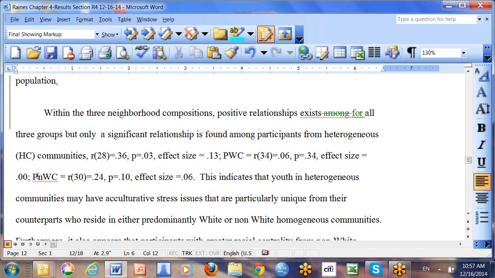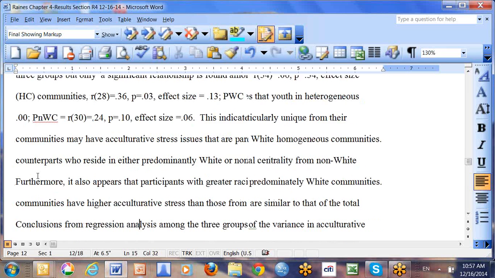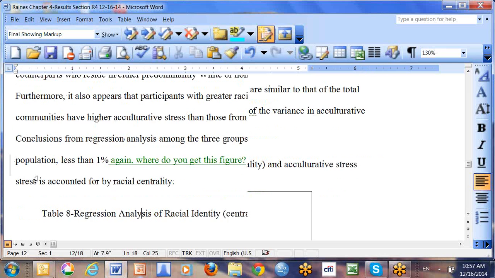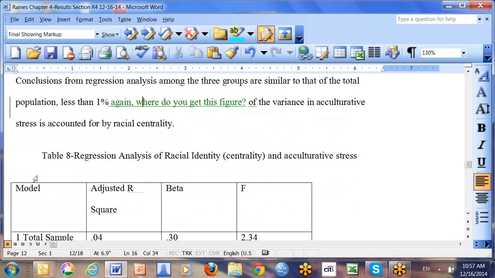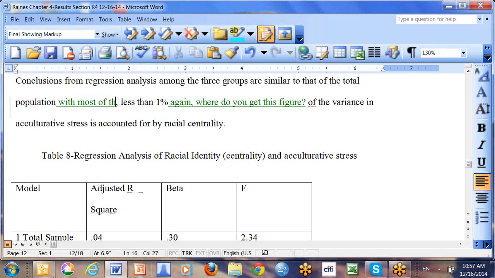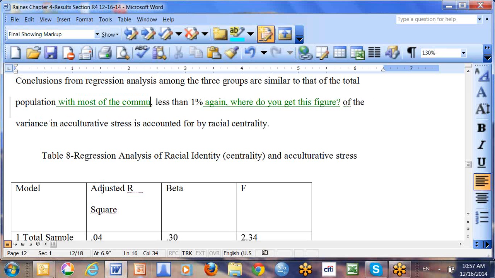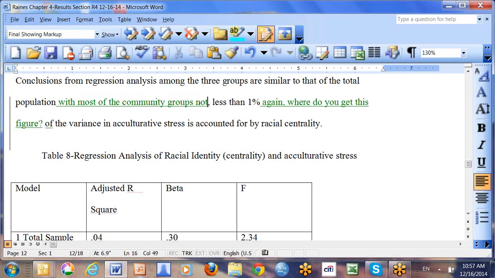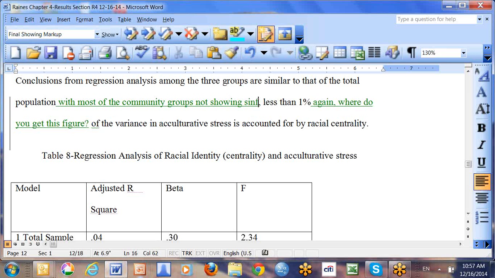Yeah, okay, but let's see. This one is PS 1.03. Conclusion, somewhere at the table. And then here's what I would say here, I think. Conclusions of rationale, some of the total population with most of the community groups not showing significant results or something.